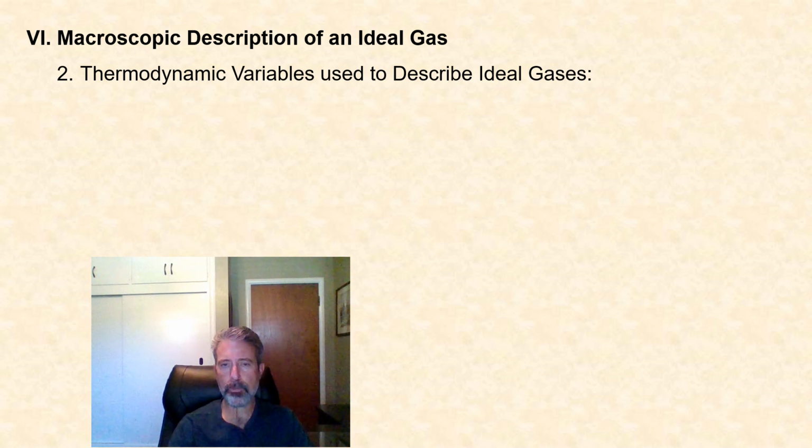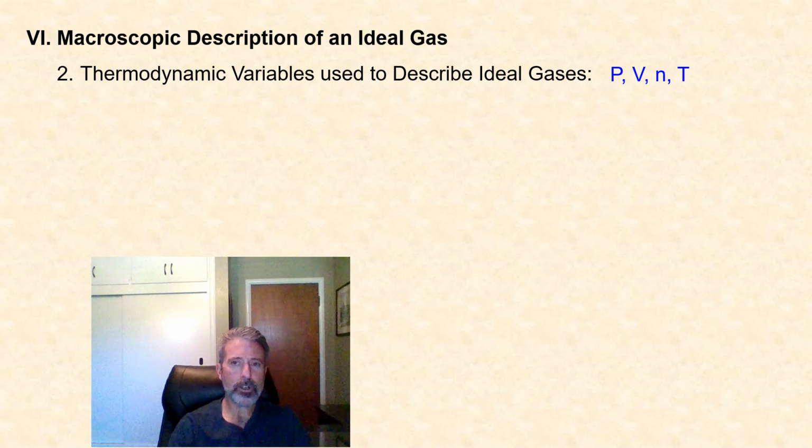These are properties that can be measured in the laboratory, with instruments. So here they are: the pressure of a gas, the volume of a gas, the number of moles of gas, the thermodynamic or Kelvin temperature of the gas. These are all quantities which can be measured in the laboratory, from a macroscopic point of view.